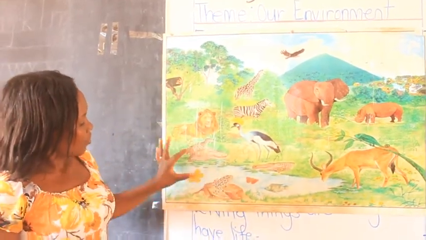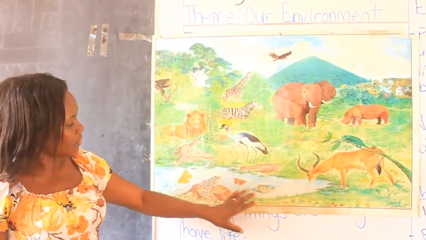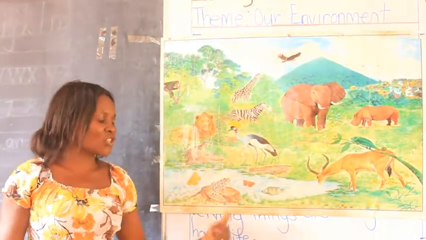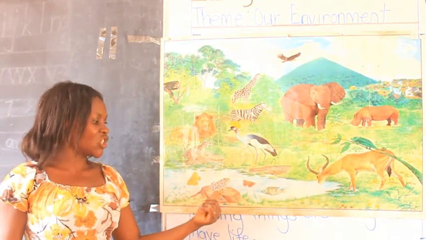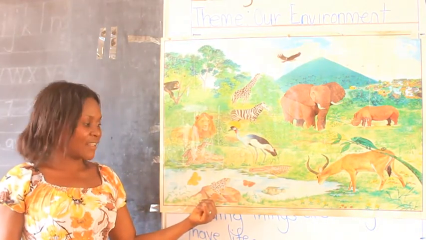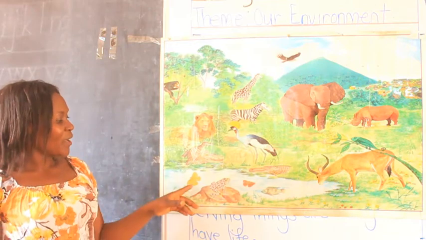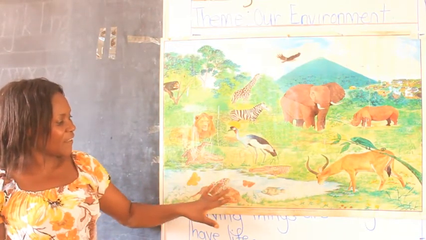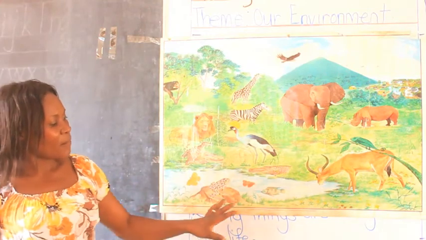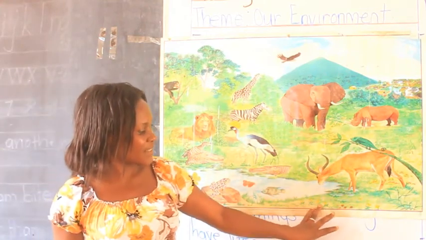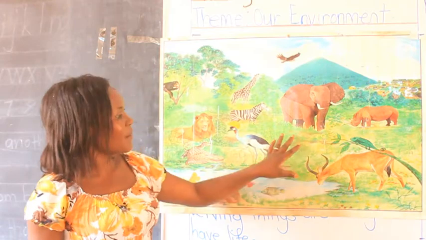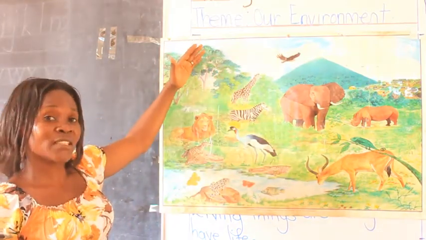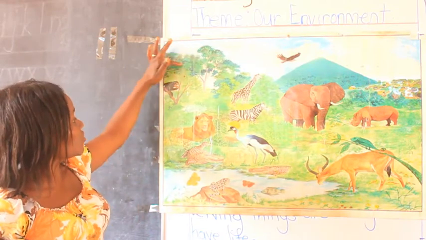We have water bodies, and in the water bodies we find fish and animals like a frog. I hope you know a frog. We have insects like butterflies. We have plants that flower. Some are green, as you can see. Some are very tall, big trees, just like these ones.